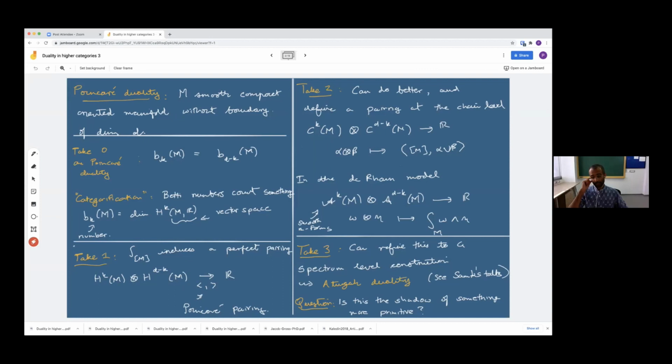And this thing actually respects the differential. So I could have written this as C^• and C^(d-•).